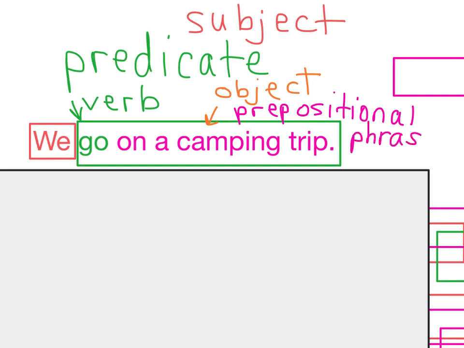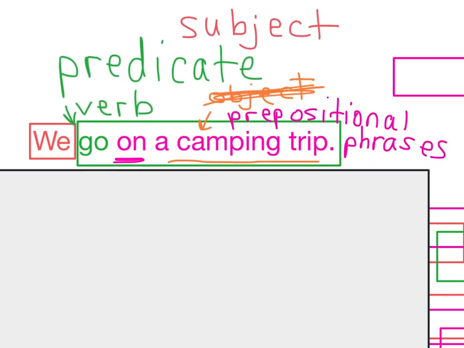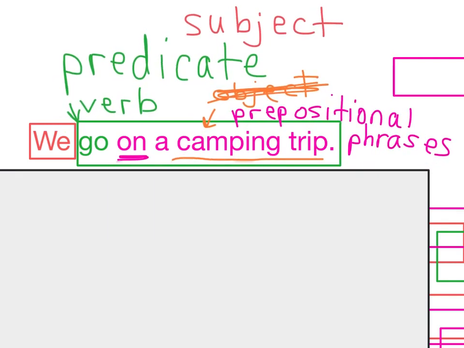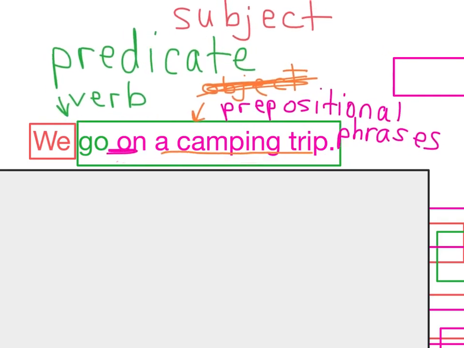Now, in this sentence, we go on a camping trip. There is no object, but there is a prepositional phrase because we have the preposition on, and it ends with camping trip, which is a noun. It's a thing. So I'm going to bring this pink box over here.